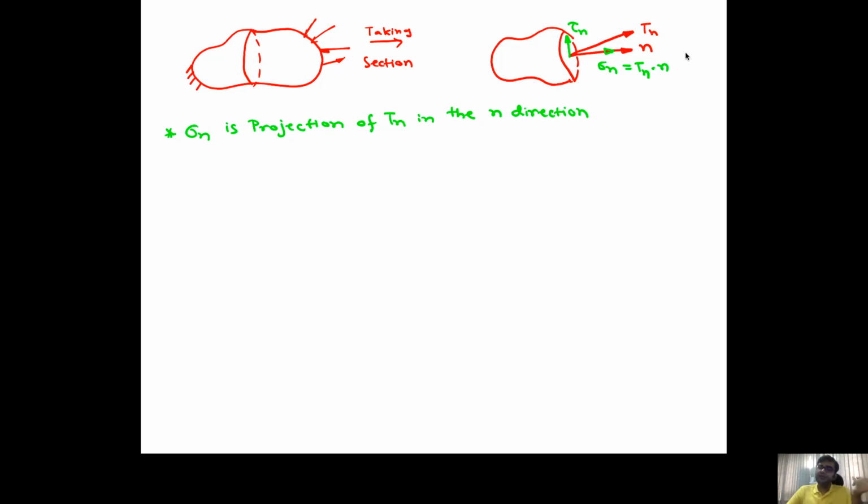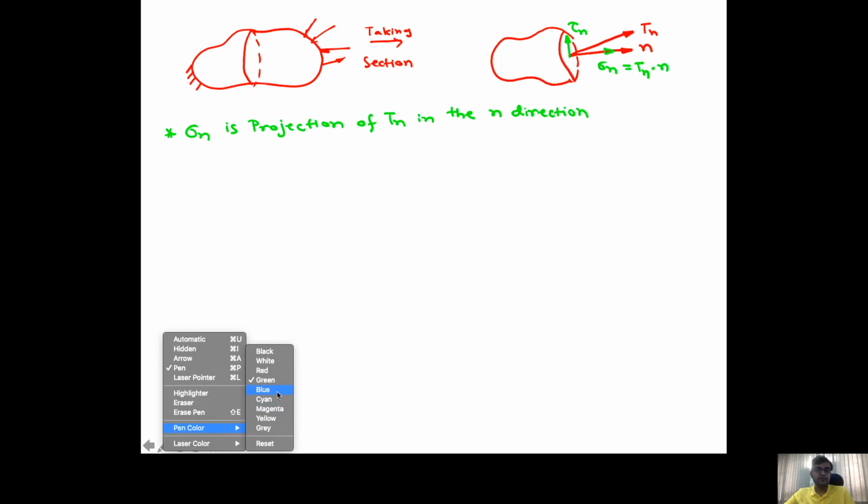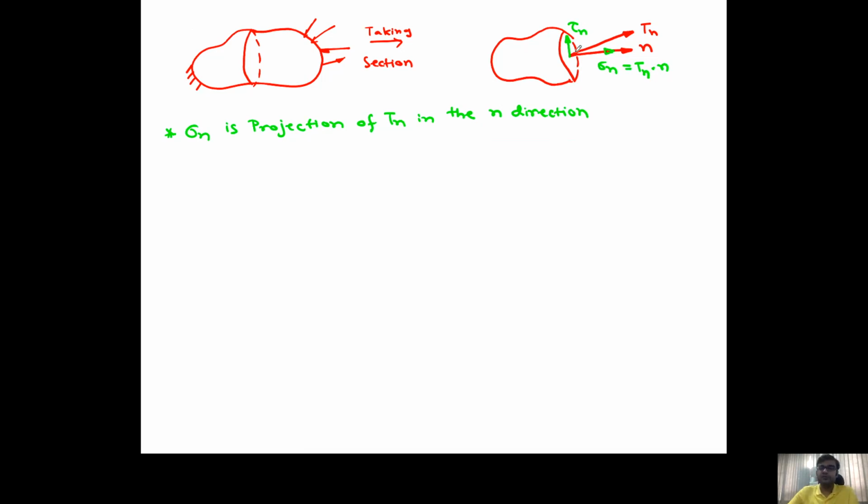Now there is another way of drawing these three stress and traction components. So instead of drawing it like this, what we have originally drawn is something like this, right? This is sigma n, this is Tn, and something like this is your tau n.